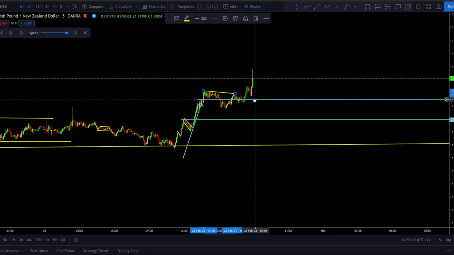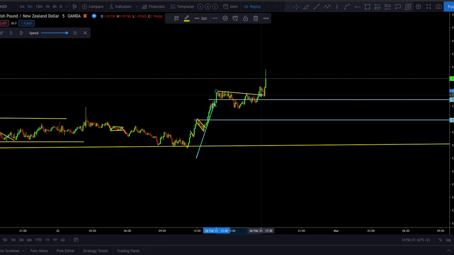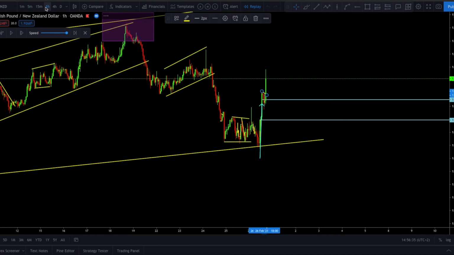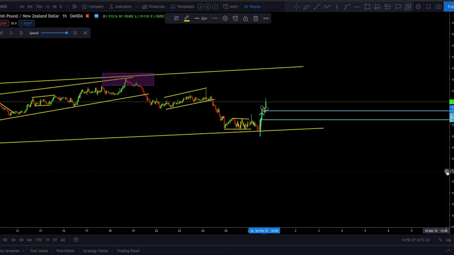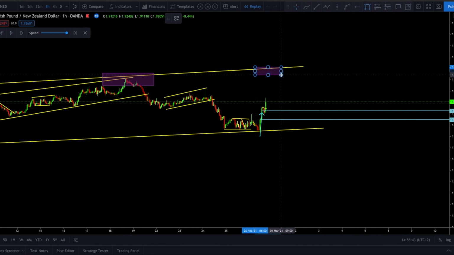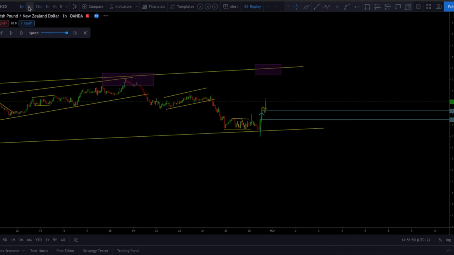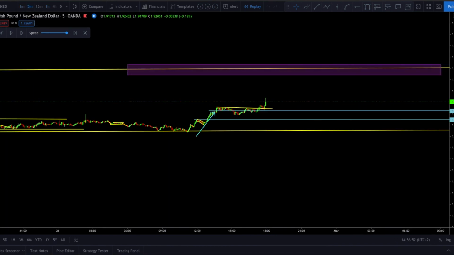We broke the trend line, we're going up. Remember, what's the target? The target is to come up until this area here. Okay, let's go back to the lower time frame we're on.